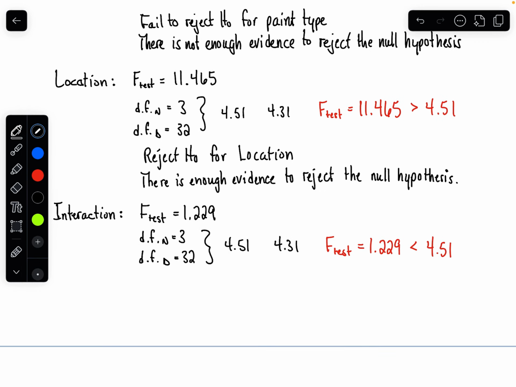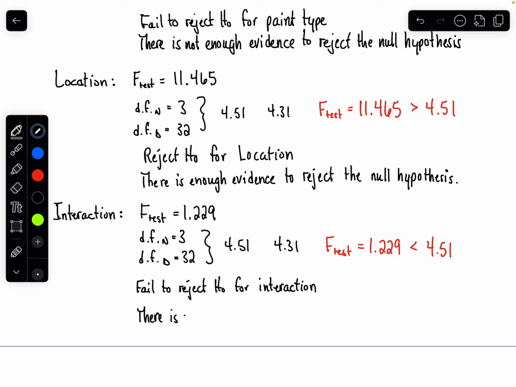So our conclusion here is to fail to reject H sub 0 for the interaction. Now, H sub 0 for the interaction was that there is no interaction.